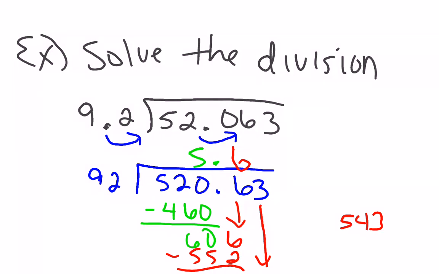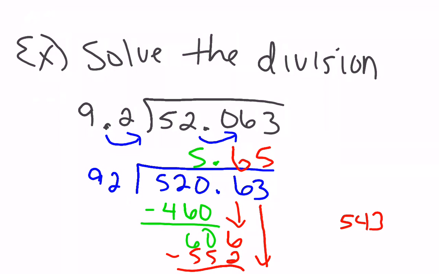And do the same process again. So how many times will 92 go into 543? Let's go ahead and do 5, because I don't think it'll go in more than that. We'll see. You can also check, like in this case, 520, 5 was our number, and then our next number was 606, and so that gave us 552.